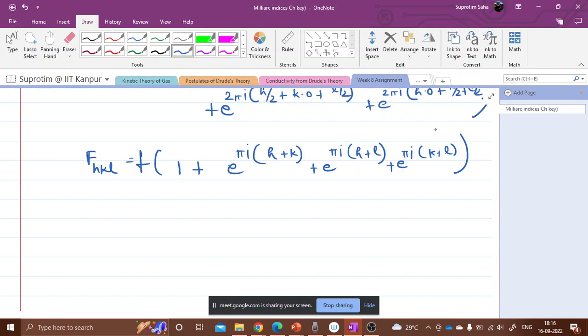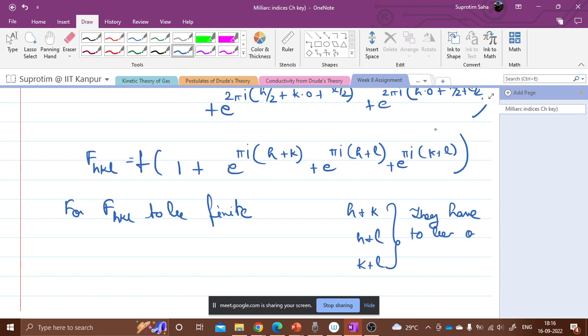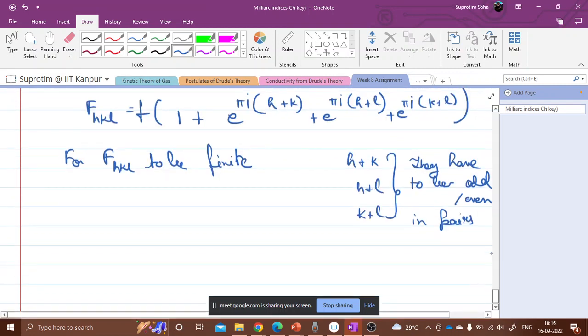So for F_hkl to be non-zero, h plus k, h plus l and k plus l have to be even or odd in pairs. They should not be mixed.